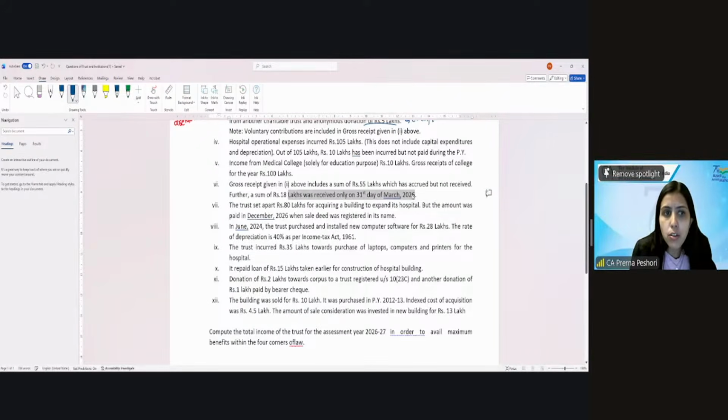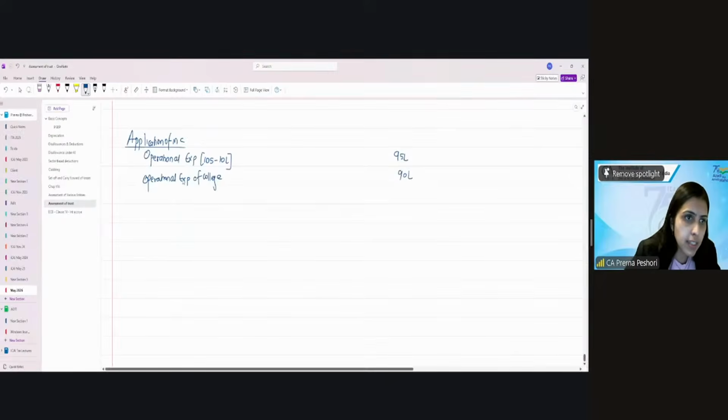So as I said to you, you can consider this by exercising an option in form 9A. You can consider it as deemed application for income not received or received late.